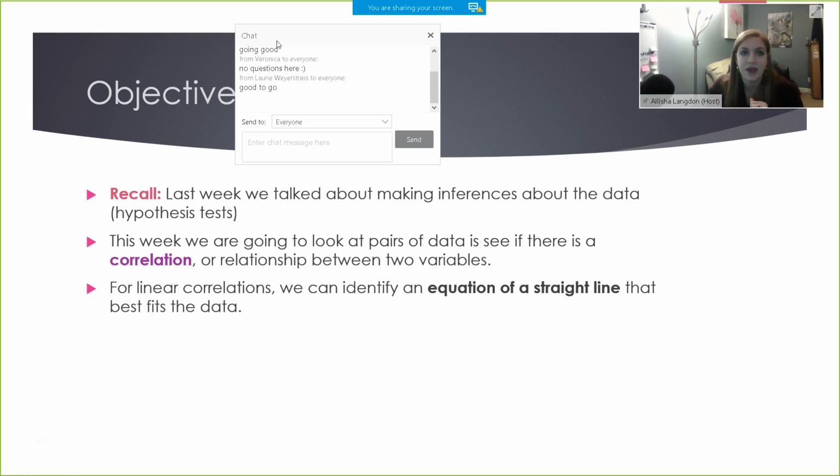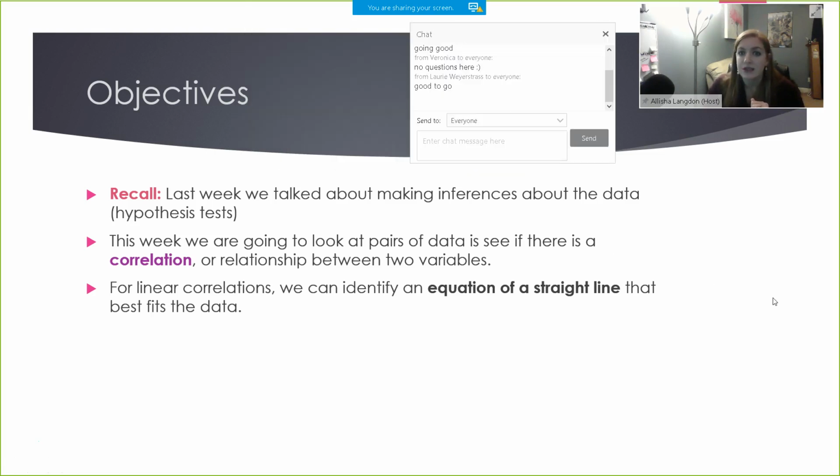So recall last week we talked about making inferences or conclusions about the data. We talked about hypothesis testing. Well, we're still going to continue that, but our hypothesis test this week is going to be a little bit different. It's going to be whether or not our data has a linear relationship, and we'll talk more about what that means.